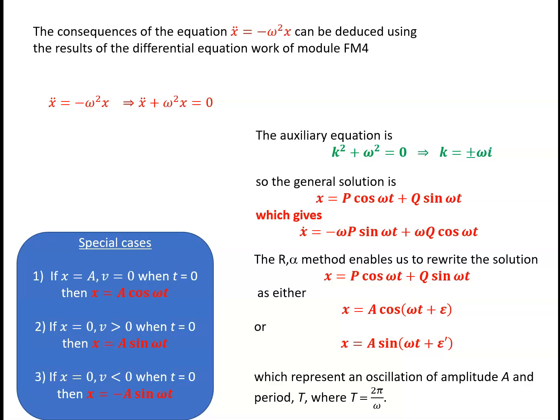If on the other hand I have x equals 0 and v is positive when t equals 0, then I must have a solution of the form x equals a sin omega t, where a is the amplitude of the motion. And if x equals 0 and v is less than 0 when t equals 0, then the solution must be x equals minus a sin omega t, where again a is the amplitude of the motion.